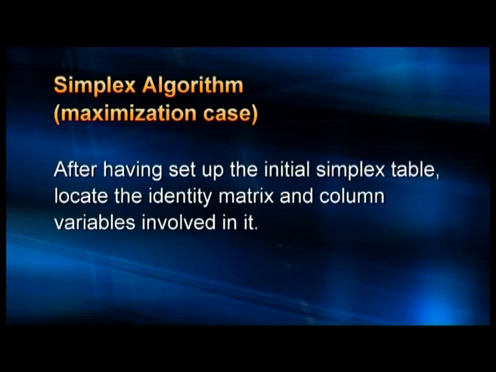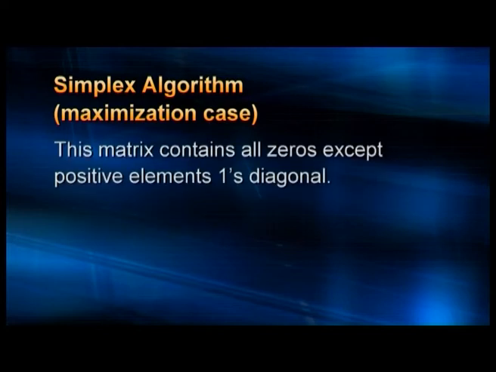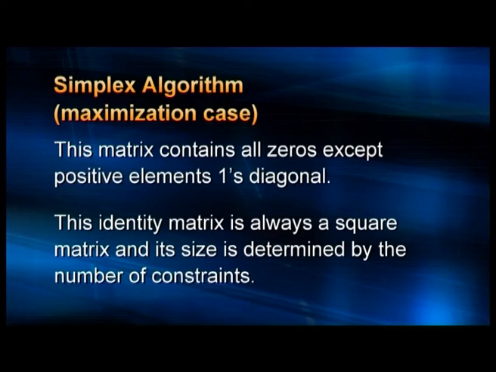After having set up the initial simplex table, locate the identity matrix and the column variables involved in it. This matrix contains all zeros except positive elements, ones, on the diagonal. This identity matrix is always a square matrix and its size is determined by the number of constraints.